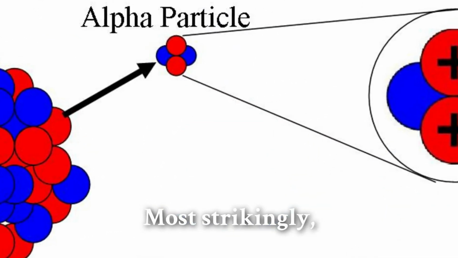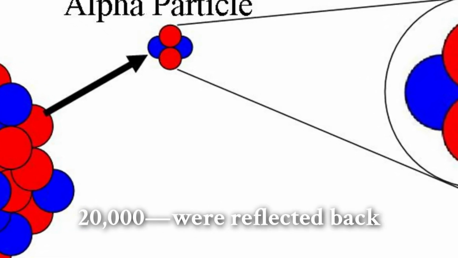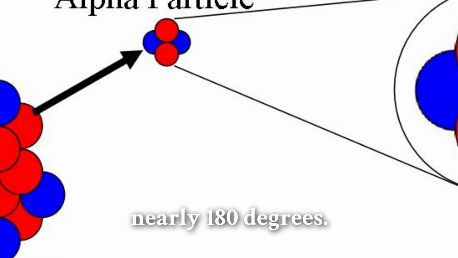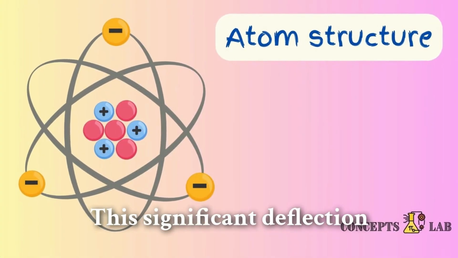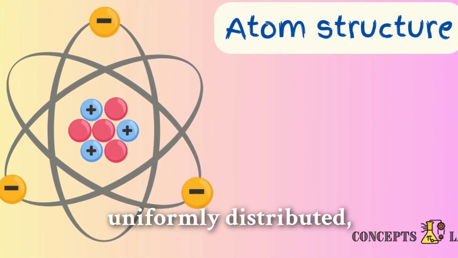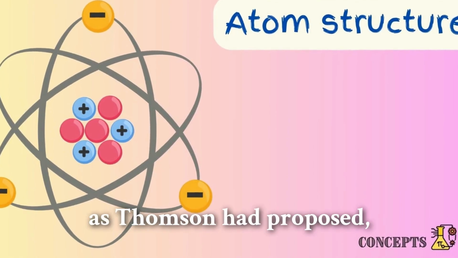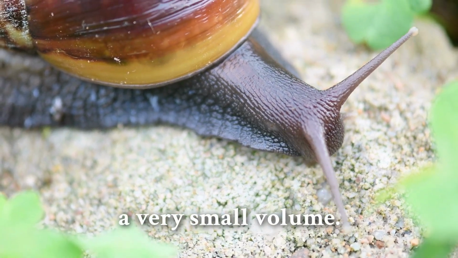Most strikingly, a very few alpha particles, approximately 1 in 20,000, were reflected back nearly 180 degrees. This significant deflection implied that the positive charge within the atom was not uniformly distributed as Thomson had proposed, but rather concentrated in a very small volume.